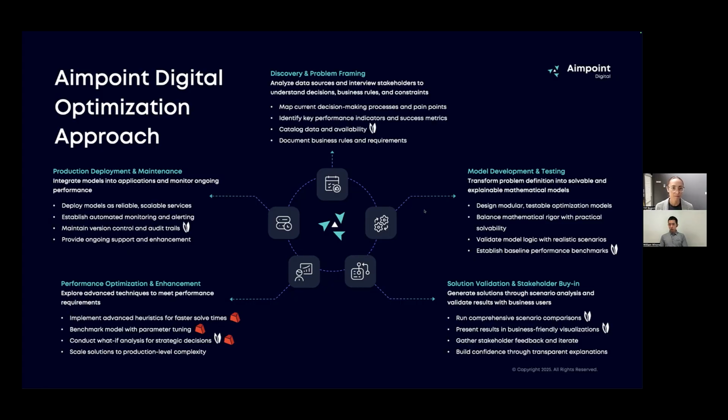And then moving on to the model development phase, Nextmove SDKs let us build flexible and testable models. And when it comes to solution validation, those interactive UIs using Streamlit and Nextmove APIs make validation collaborative and iterative. And then speaking of performance optimization, this is where Gurobi comes into play.